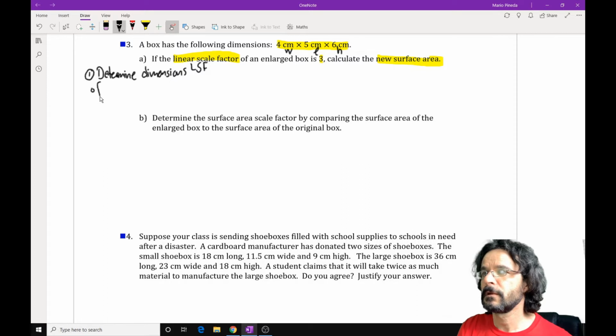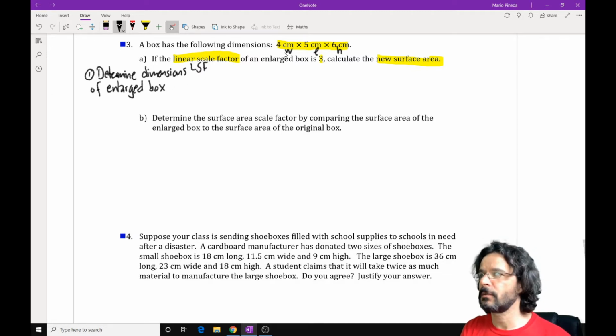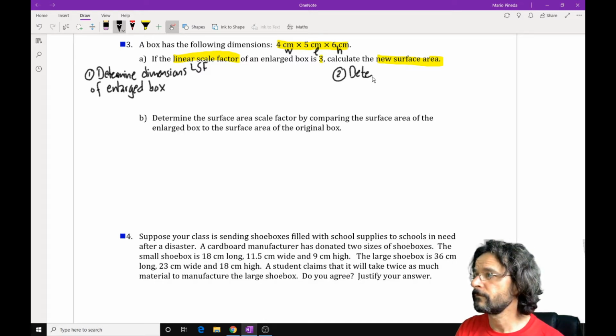There are 3 dimensions we'll have to determine: the width, length, and height. Once we have the dimensions of the enlarged box, we need to determine the surface area of the enlarged box.